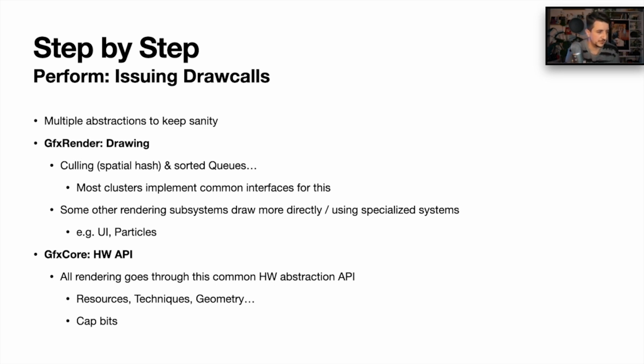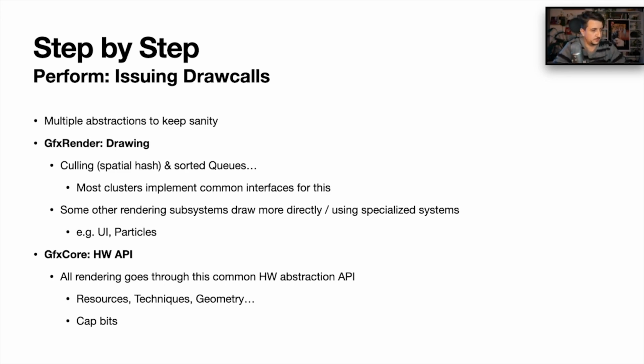And that implements culling, like frustum culling. It's another special hash. Sorting, so it has a bunch of different queues that then get sorted. And most clusters implement some common interfaces that go through our culling, shared culling and sorting system.